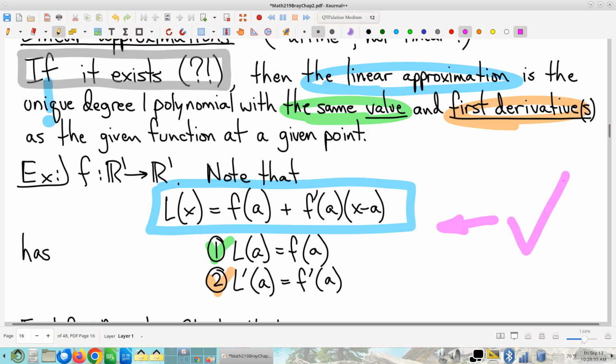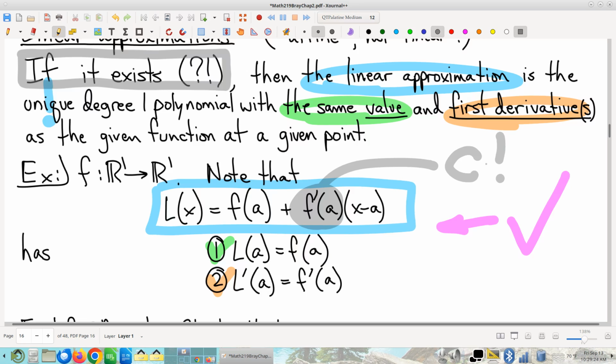you've got to take the derivative of L. You got to take this expression, take the derivative. You got to do that before you plug in x equals a. Right? So x is still a variable. You take that derivative. You got to remember that this thing right here is a constant. After all, that does not say f prime of x. Very importantly, this is f prime of a.